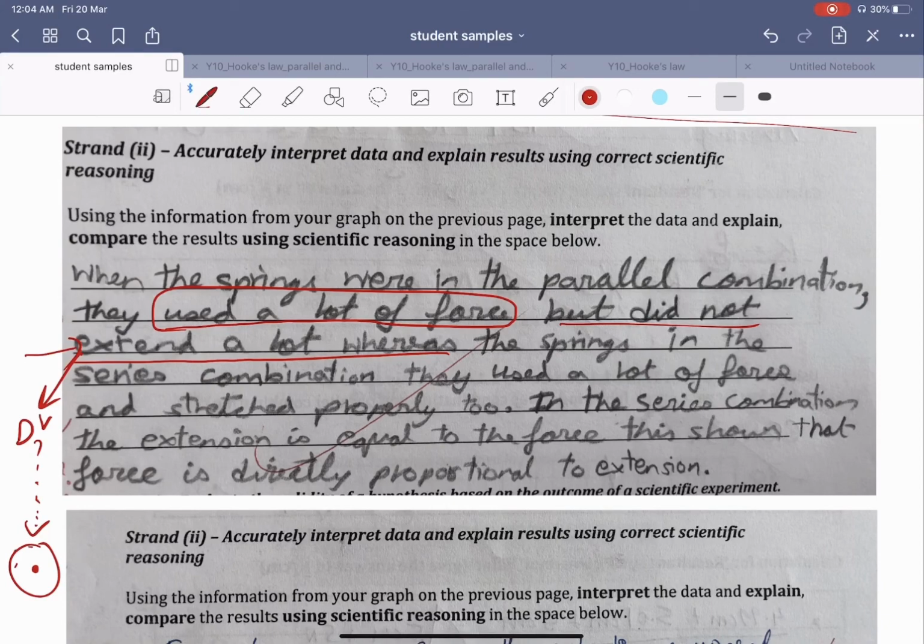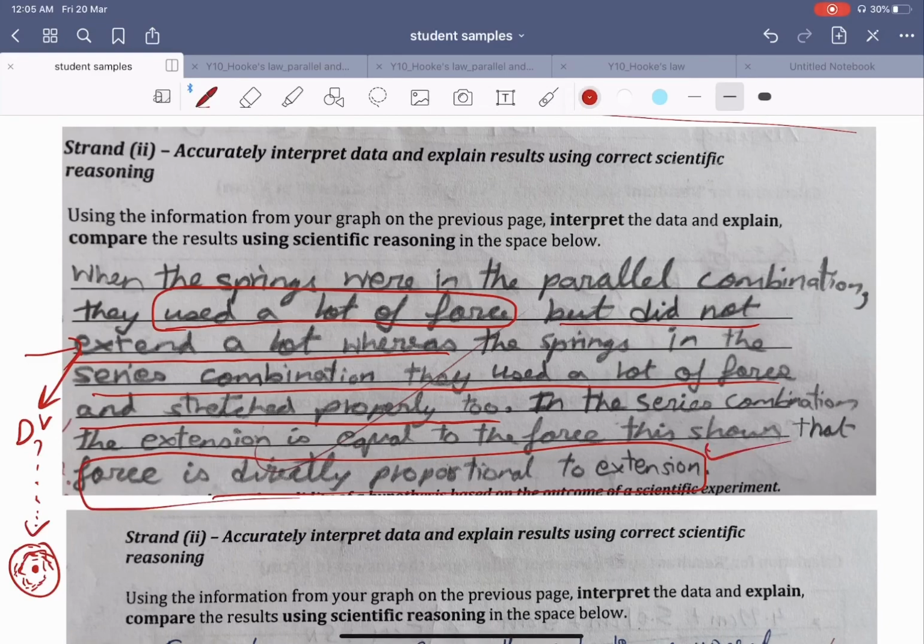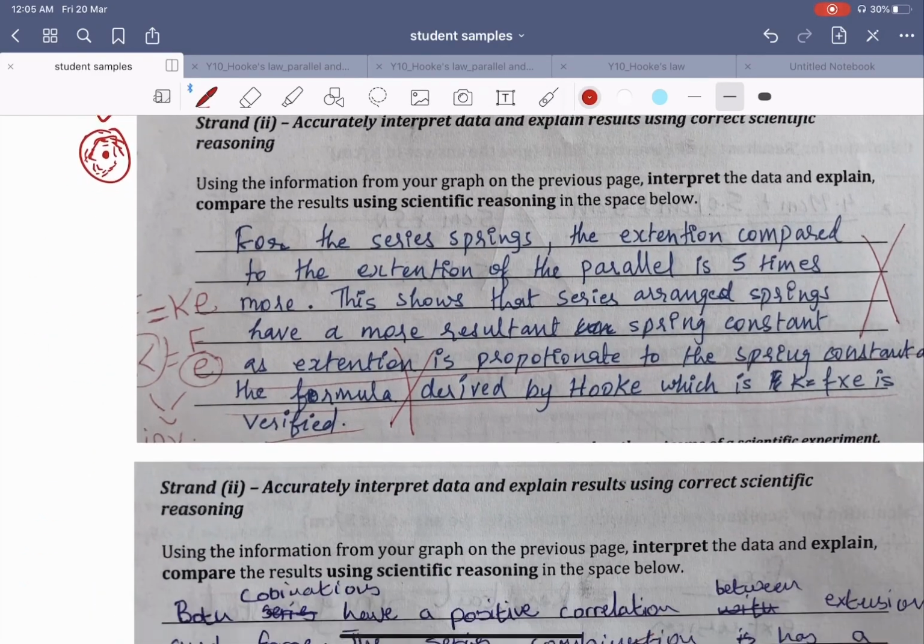Okay, you're still somewhere in between. In the series combination, they use a lot of force and stretched properly too. In the series combination, the extension is equal to the force. This is shown in the force being directly proportional to the extension. This is correct scientifically, but not for my experiment.